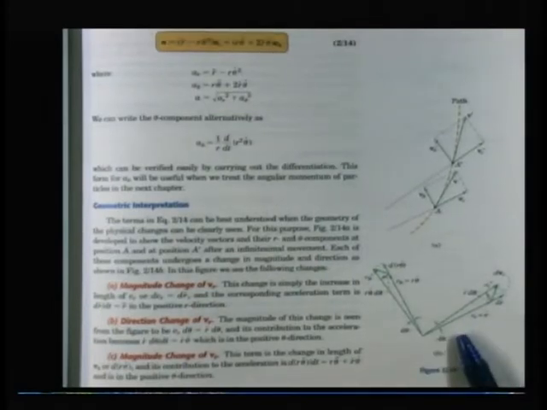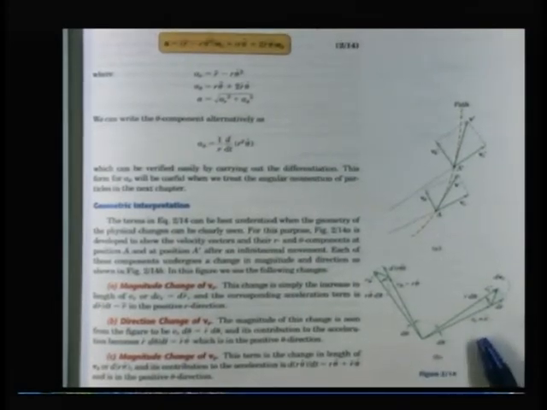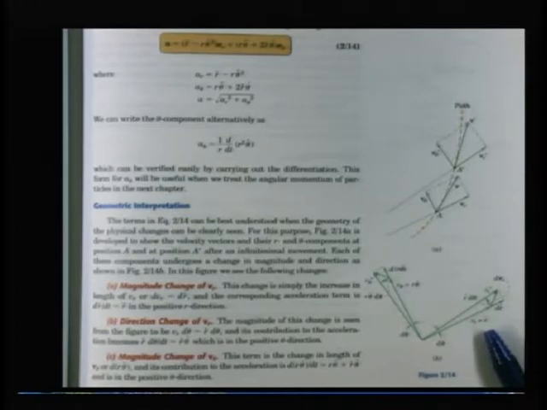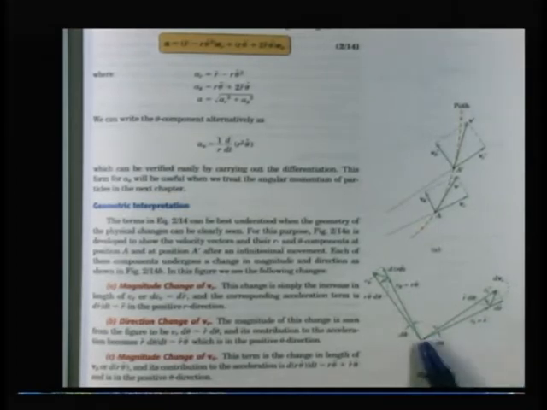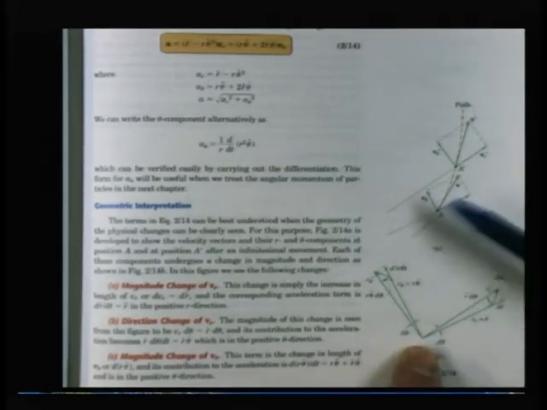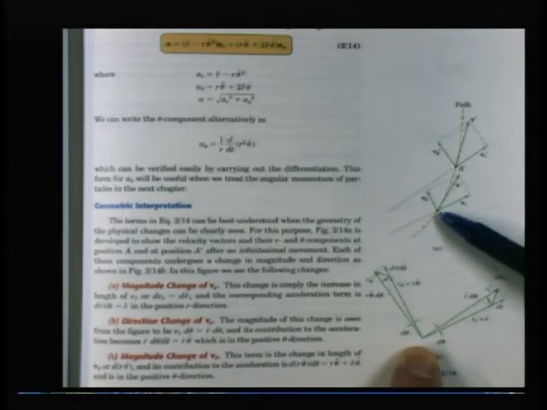Their drawing is a little better than what I could do on the board. So if you look at this drawing, notice this is the location of the particle while it happens to be on the path, up at some point on the path.